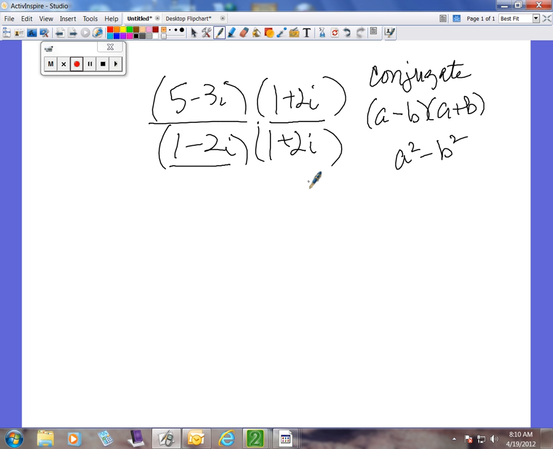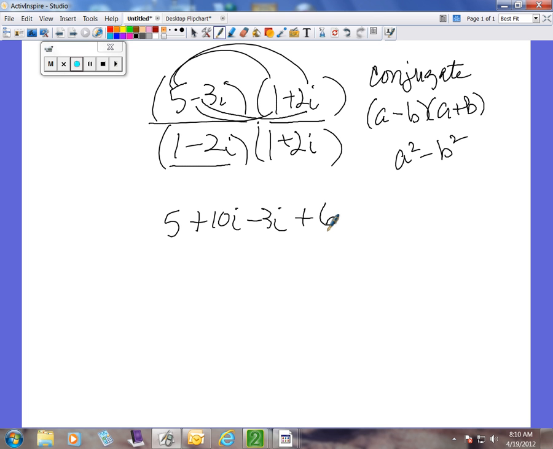So if we FOIL the top, it looks like we're going to get 5 plus 10i minus 3i. And can I go ahead and make that a positive 6? Would everybody understand where that came from?